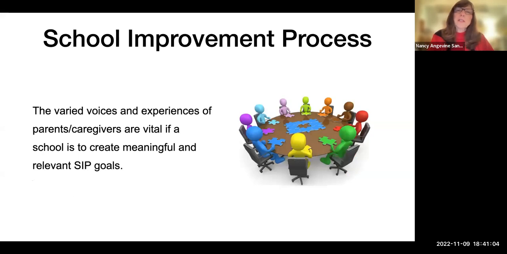So the varied voices and experiences of parents and caregivers are vital if a school is going to create meaningful and relevant SIP goals. And I'm going to talk about this a couple of times, but in creating the SIP, data has to be collected to look at where we are and where we want to go.